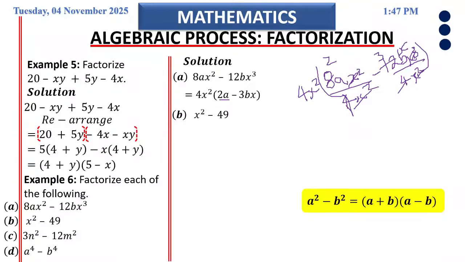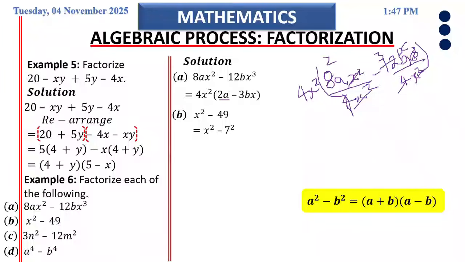And from what you have here, a squared minus b squared equals a plus b, a minus b. We call this difference of two squares. But before we can apply it, you have to make our value look like something that has two squares that are different from each other. That's what I mean.